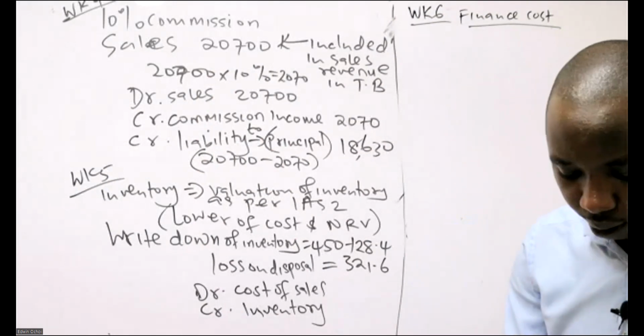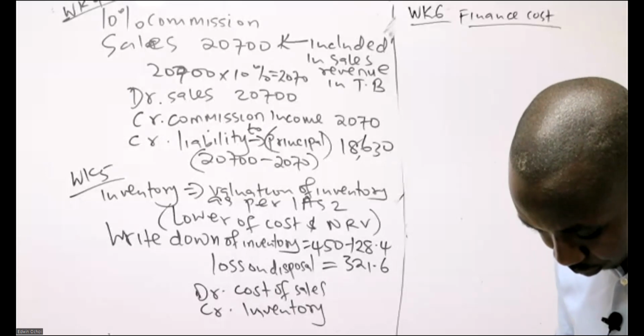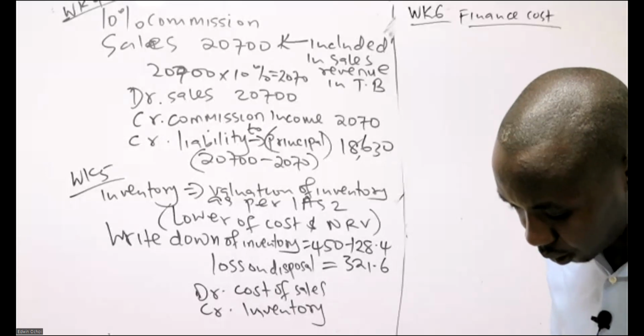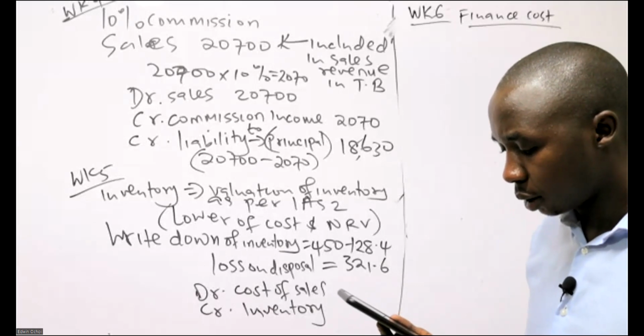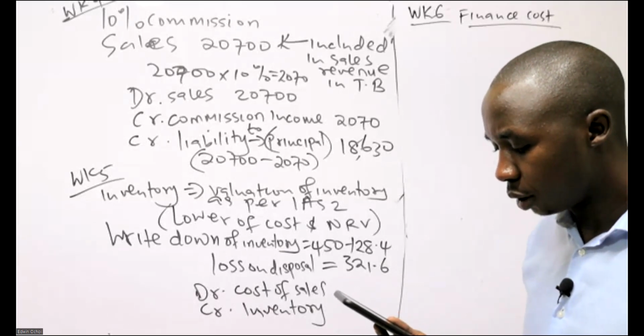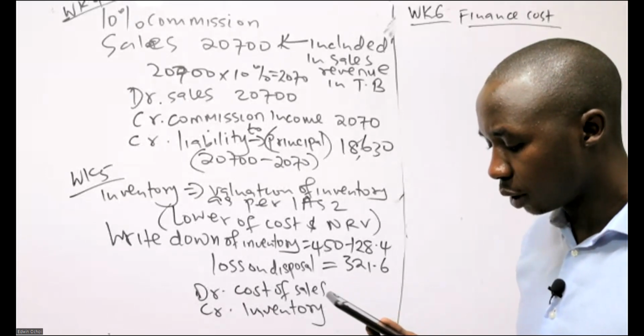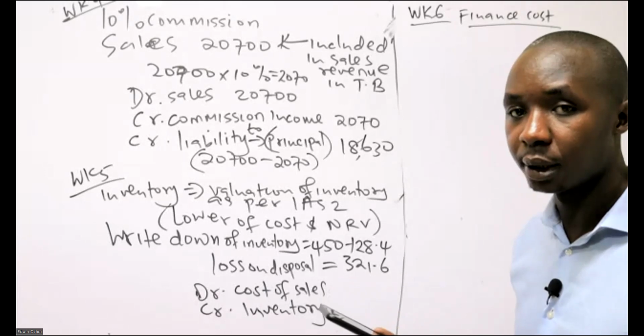So finance cost, they say, includes interest on debentures, interim dividends paid on redeemable preference shares, and investment income from tax exempt companies.